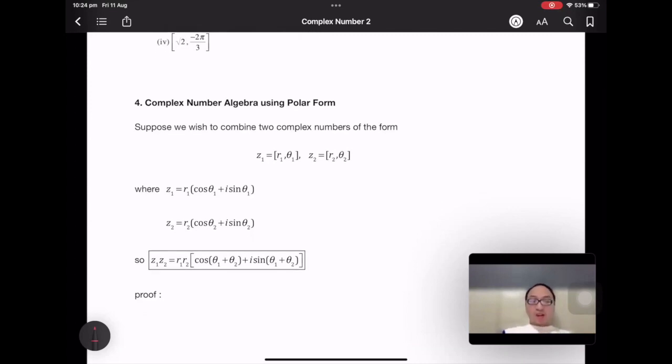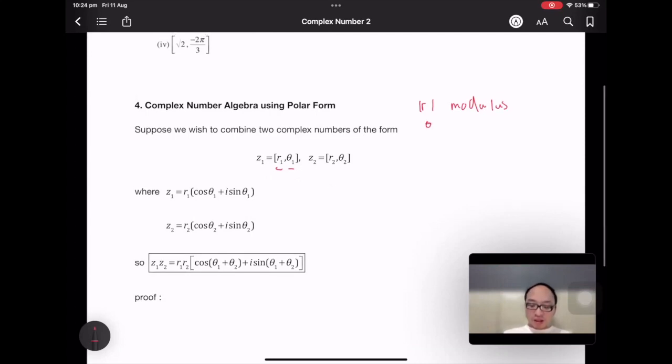So let's recall the polar coordinates in the form of r and theta. r is the modulus, and theta is the argument.